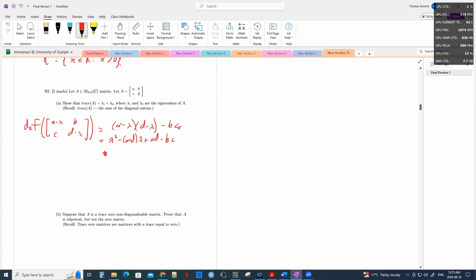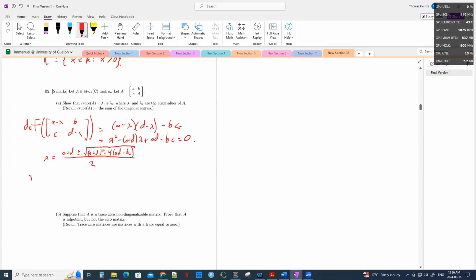Now, we set this equal to 0 to solve for our roots. And to solve for the roots, we just apply the quadratic formula. Lambda equals A plus D plus or minus the square root of A plus D squared minus 4 times AD minus BC, all over 2.